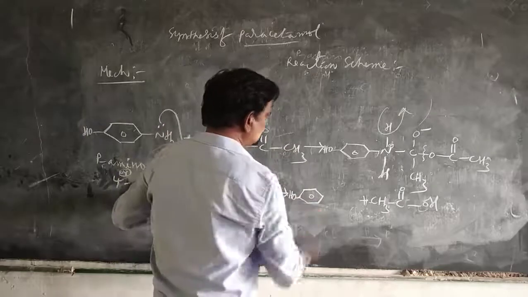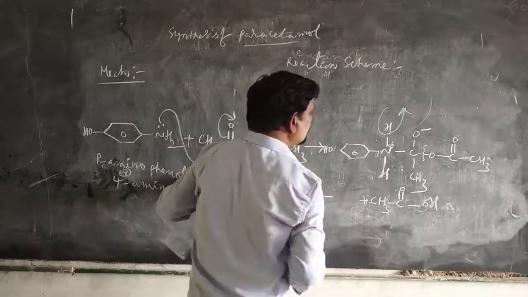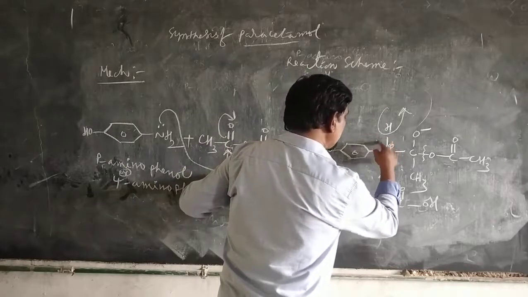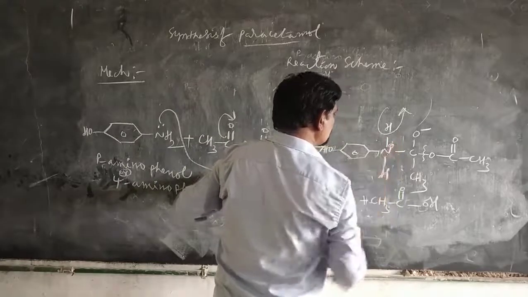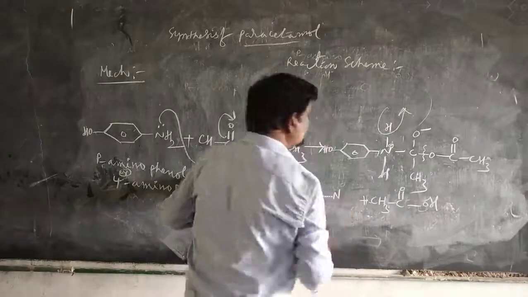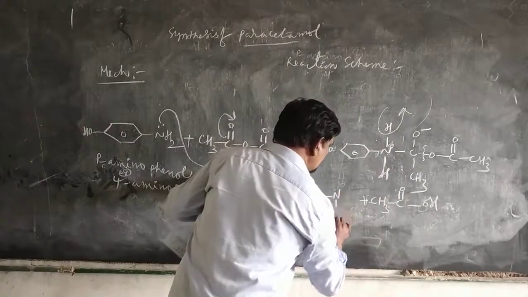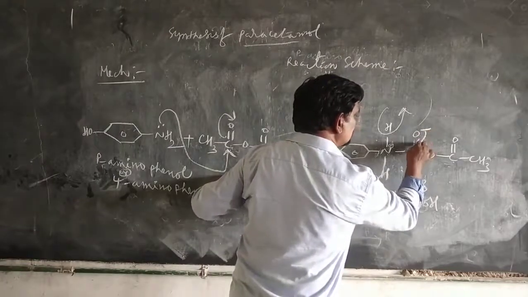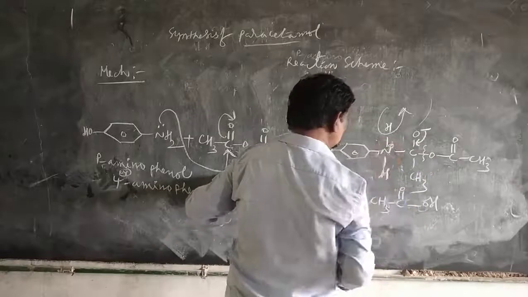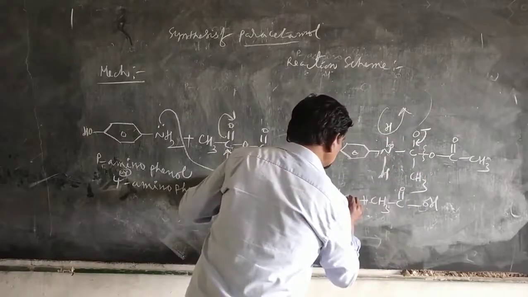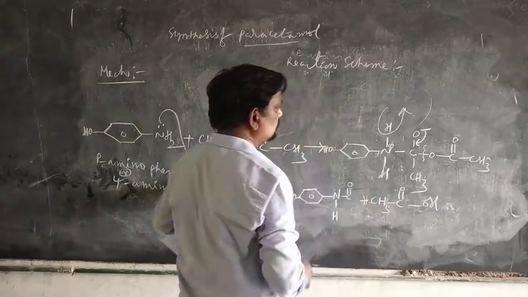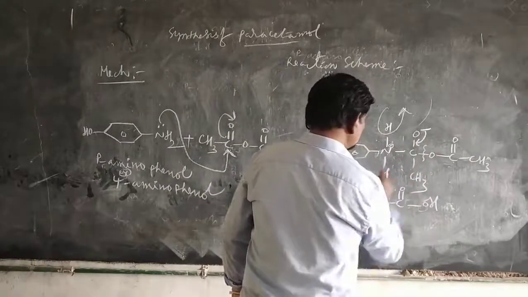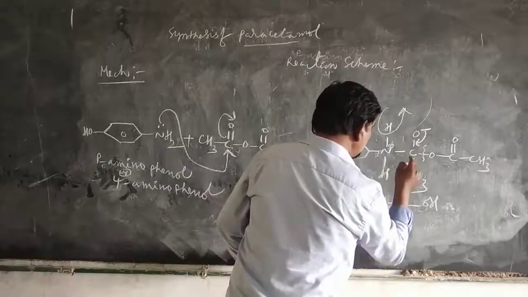This is a phenol ring. Here the nitrogen carries the positive charge, so nitrogen with H bond. The negative charge is involved here to form the double bond, that is C double bond O, with the remaining portion CH3.